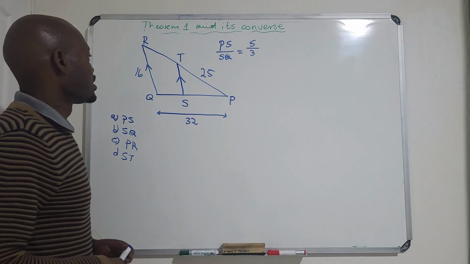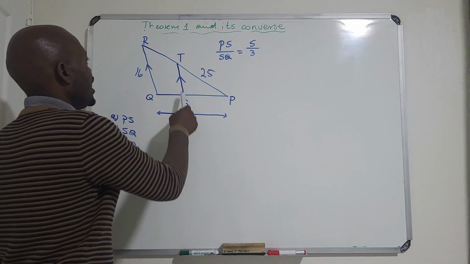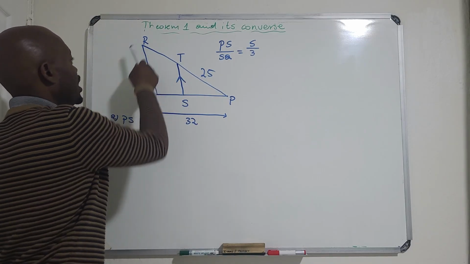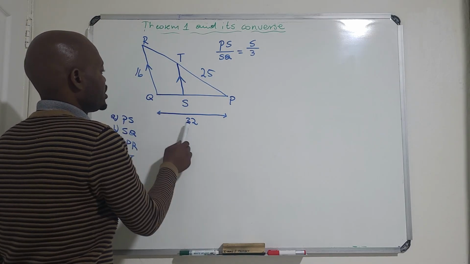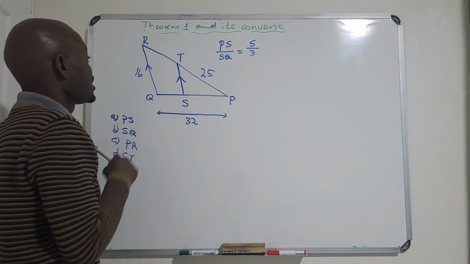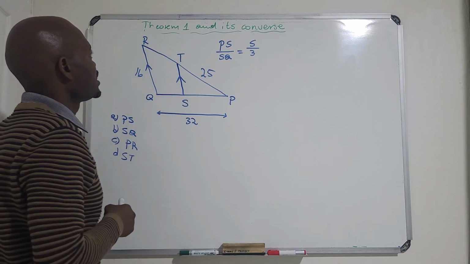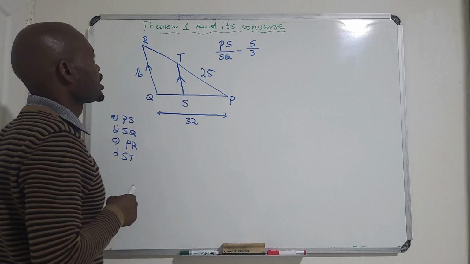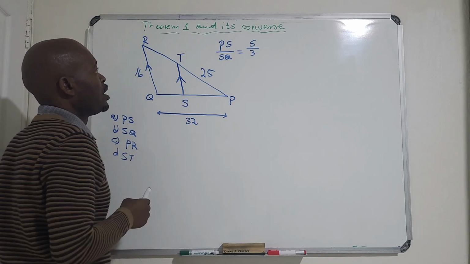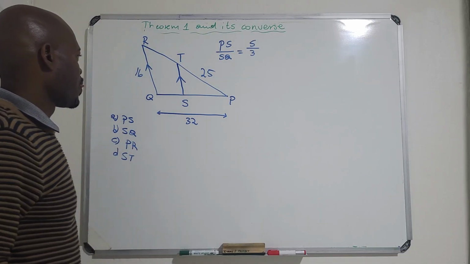Let's repeat that. In triangle PQR, ST is parallel to QR, PQ is 32 centimeters, QR is 16 centimeters, that's what we are told. PT is 25 centimeters. We are also given that PS over SQ is 5 over 3.